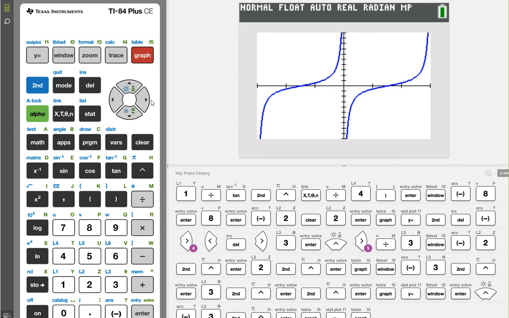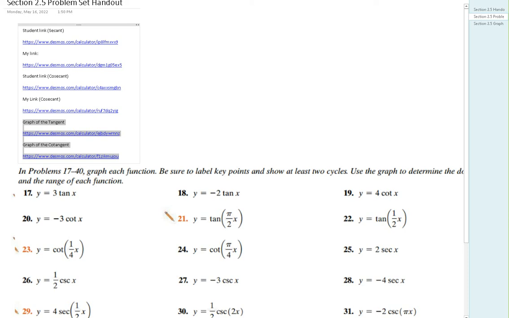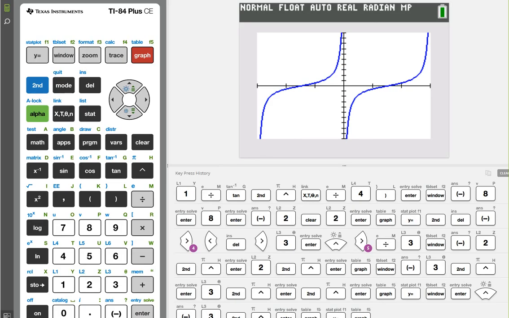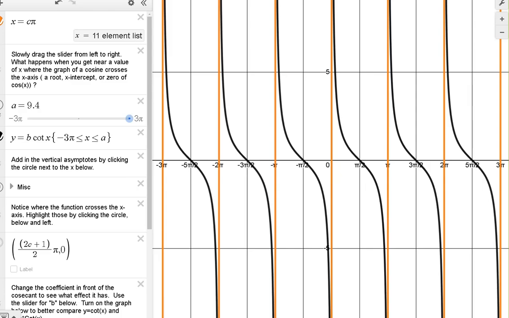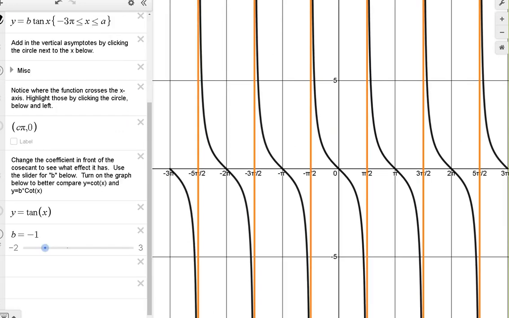Do realize that the shape of a cotangent is usually going to be kind of the opposite of this. So let me find my graph of the cotangent. Here's the graph of the cotangent. It's only when you flip this that you're going to get the graph that kind of looks like the tangent. Remember the tangent graph?